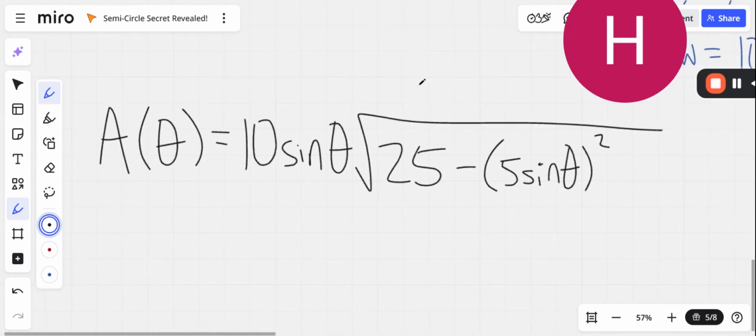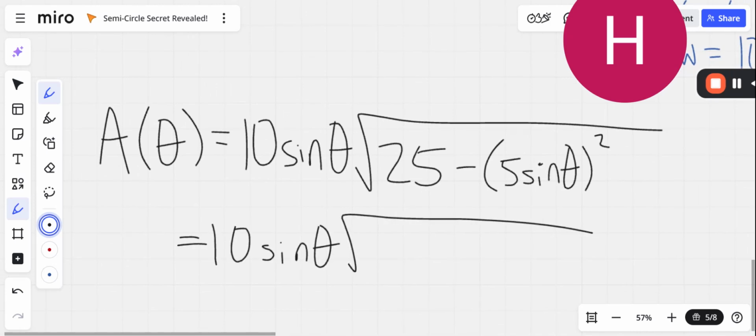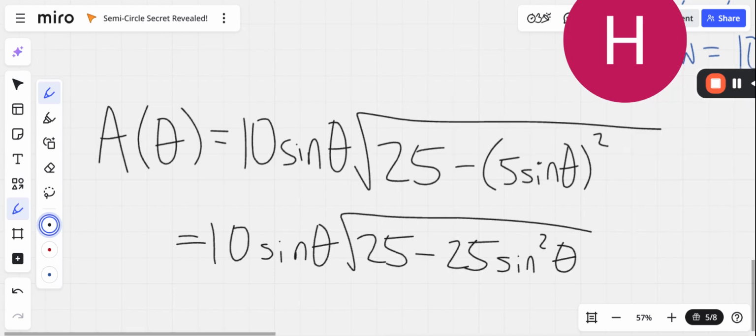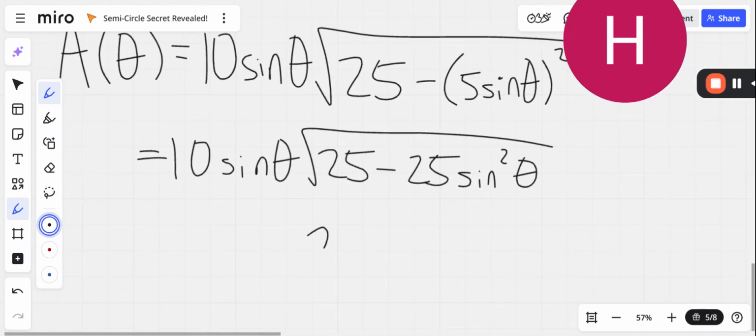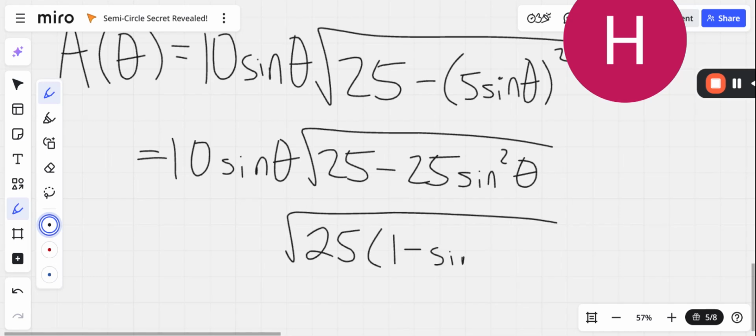Here we go. This is going to be 10 sine theta times the square root of 25 minus 25 sine squared theta. If we were to factor out the 25, we would be left with 1 minus sine squared of theta. Now this should start looking very familiar indeed.